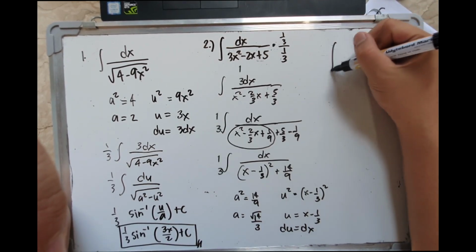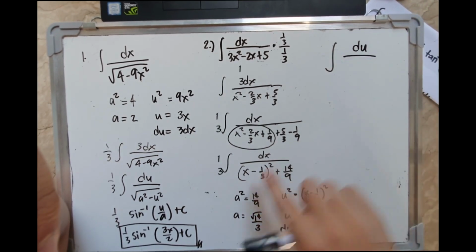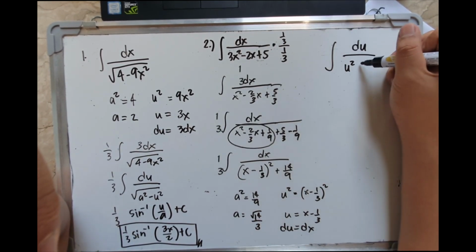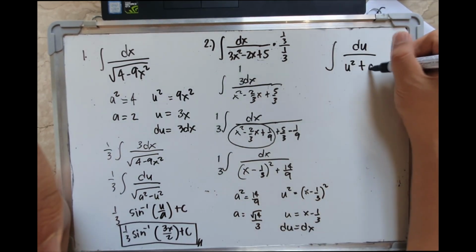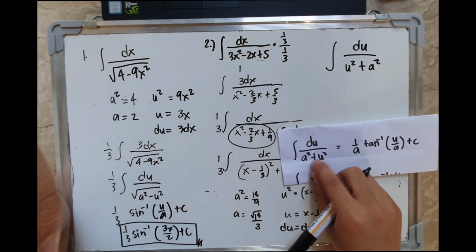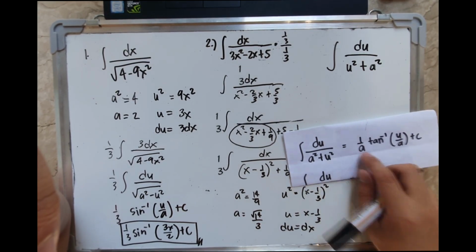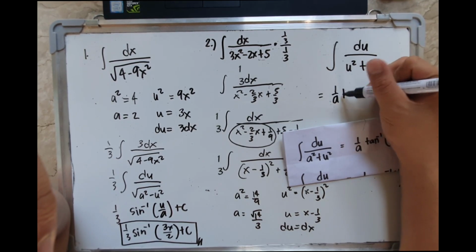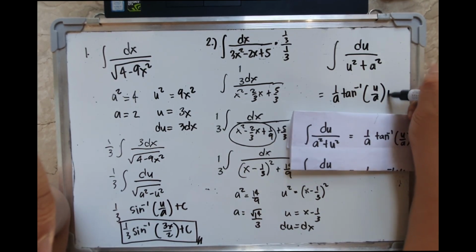So we now have dx as du. x minus 1/3 squared is equivalent to u squared, plus this one, which is equivalent to a squared. So du over a squared plus u squared, that is equivalent to 1 over a, the arctan of u over a plus c.